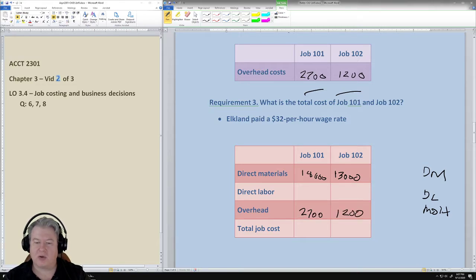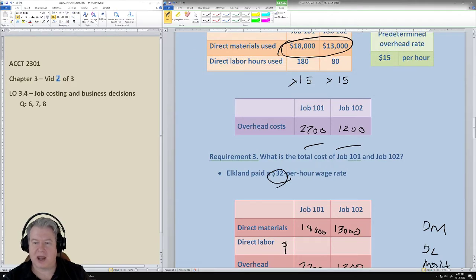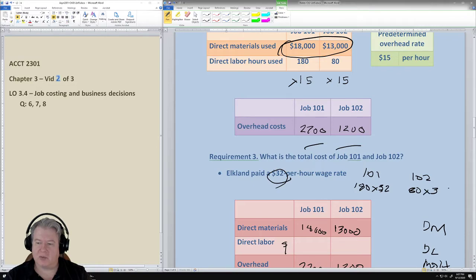Now we need to figure out direct labor, not the number of hours, but the dollar amount. This is where this 32 comes in. We have the number of hours: 180 for job 101. So job 101 would be 180 hours, and we're paying them $32 an hour. And for job 102, it's 80 times this 32.